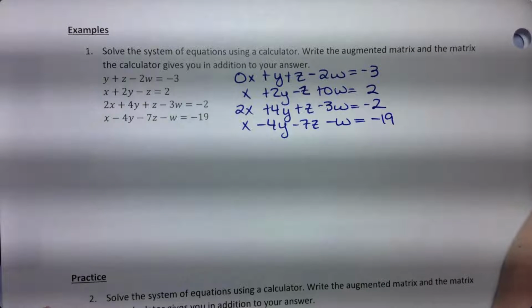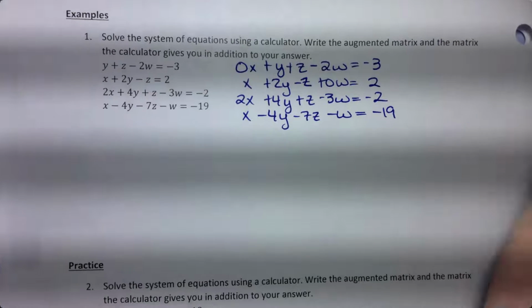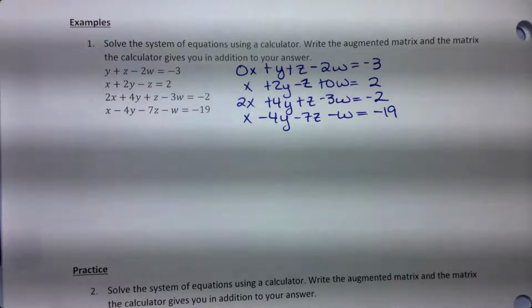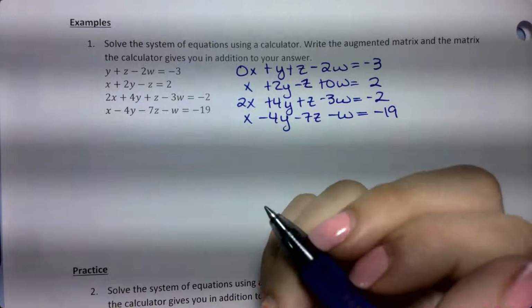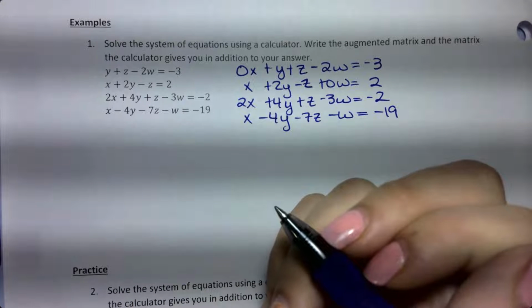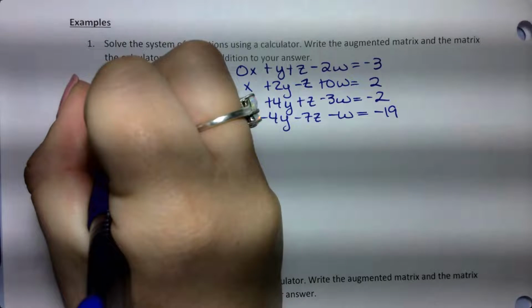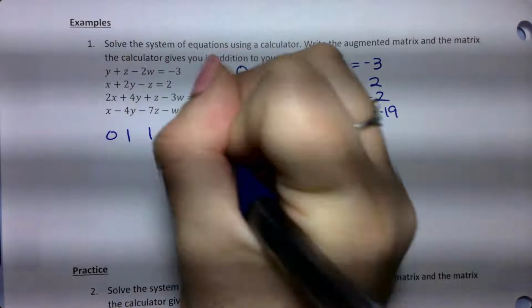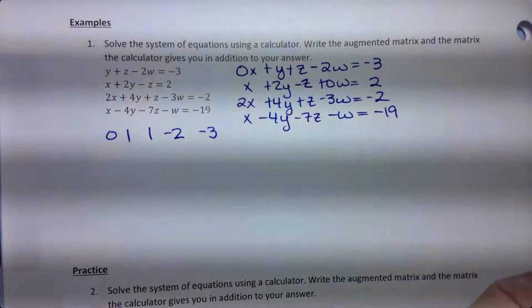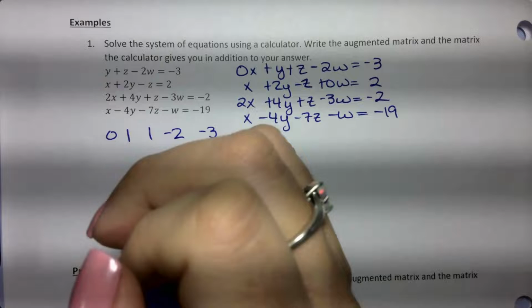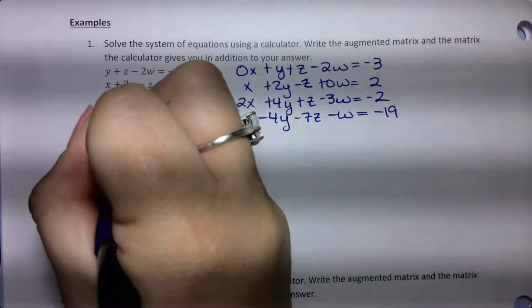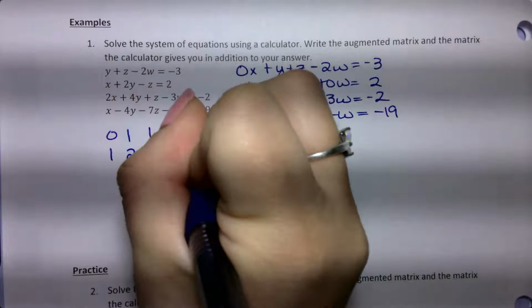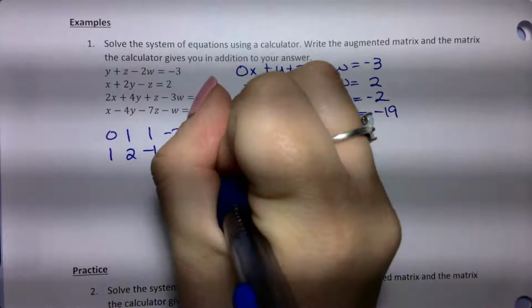So now I need to go write this as an augmented matrix. That is just taking all of my coefficients and writing them out, and then all of my answers and writing them out. Each equation is a row. So I have 0, 1, 1, -2, -3 for my first equation. Then my second one is going to give me 1, 2, negative 1, 0, 2.